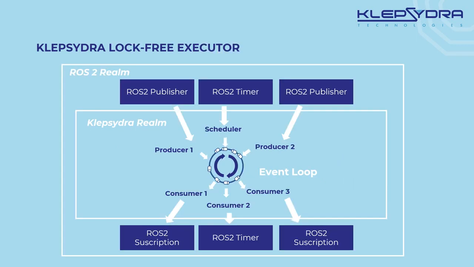Our first lock-free executor implementation for ROS2 is built on top of the event loop. Every ROS2 publisher, also called advertiser, is connected to a ring buffer producer. The timers are connected as well to the schedulers in the event loop. Lastly, the ROS2 subscribers are connected to the single-threaded consumers.